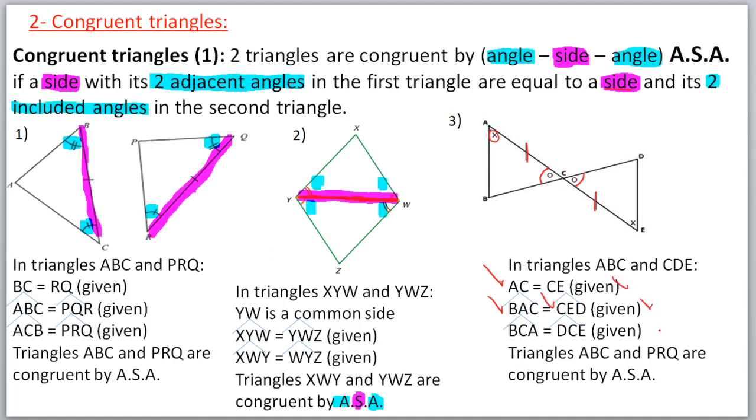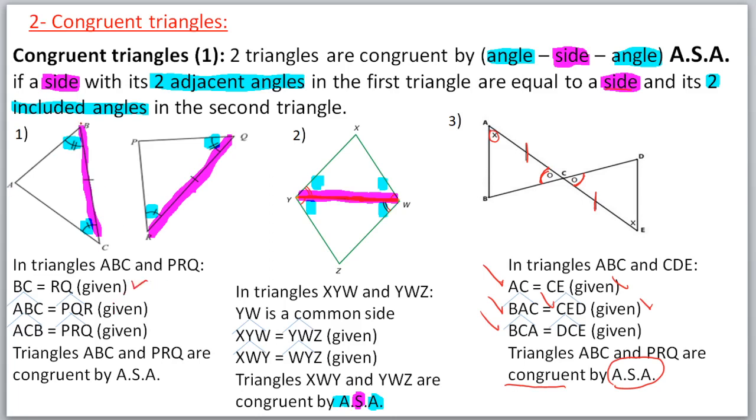Okay, so angle BAC equals angle CED, given also. So we write the given first and then angle BCA, this angle, equals angle DCE, this angle. Okay, this is how to prove. And then we write triangles ABC and CDE are congruent by side, angle, side. Same here, we have BC equal to QR, given.